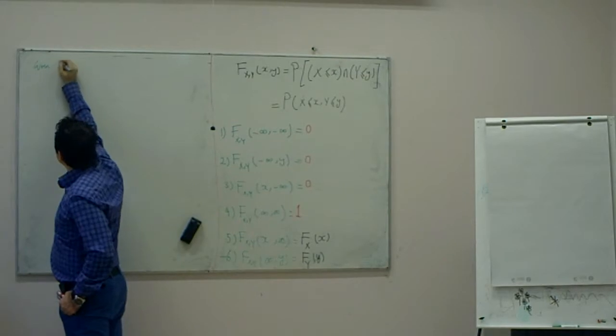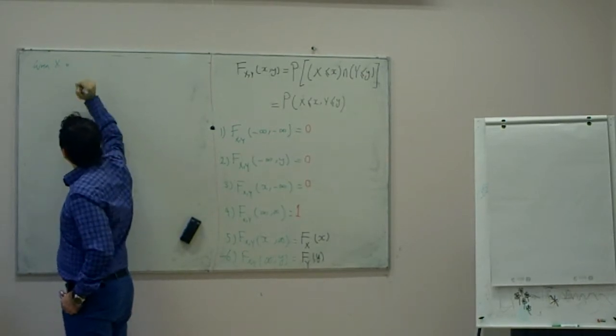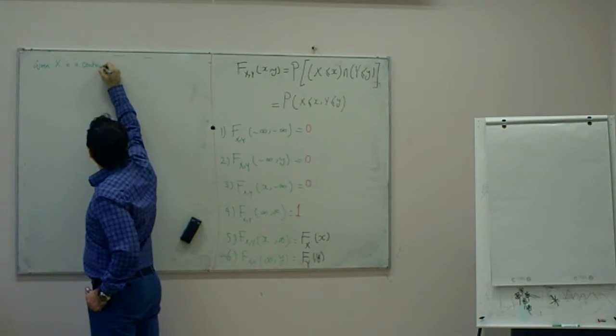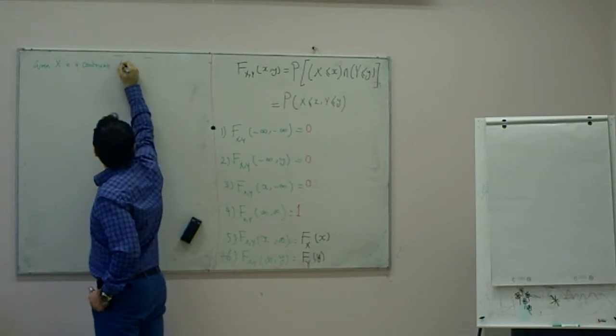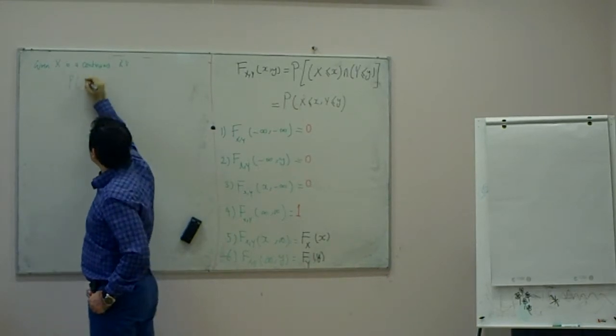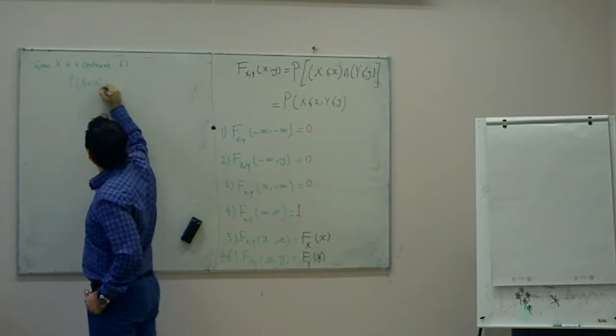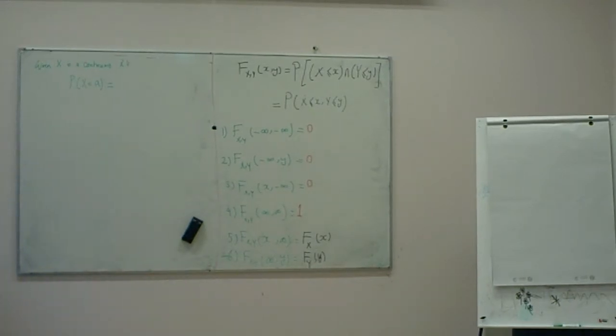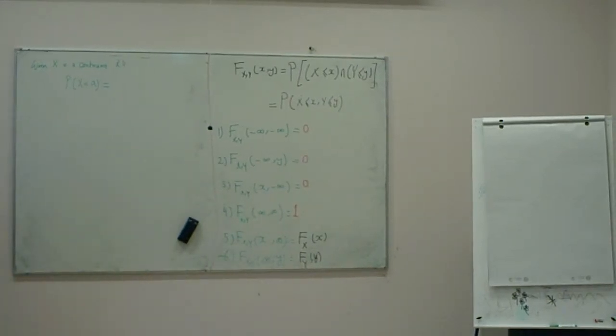Do you remember, given X is a continuous random variable, the probability of X is equal to a is equal to the probability of a point, it is equal to 0.